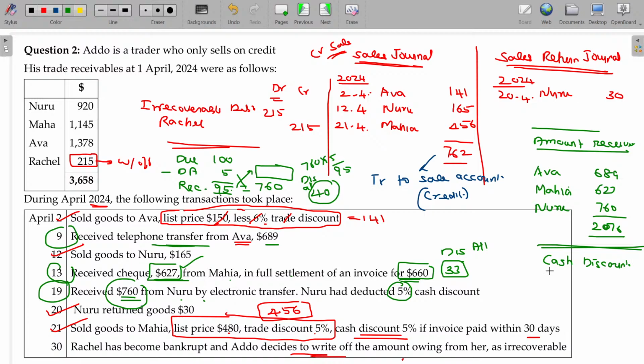Under cash discount, we offered the discount first of all to Mahia, amount 33 rupees, and to Nuru, again 40 rupees. So 40 plus 33, 73 will be the total cash discount we offered in this year. Clear?